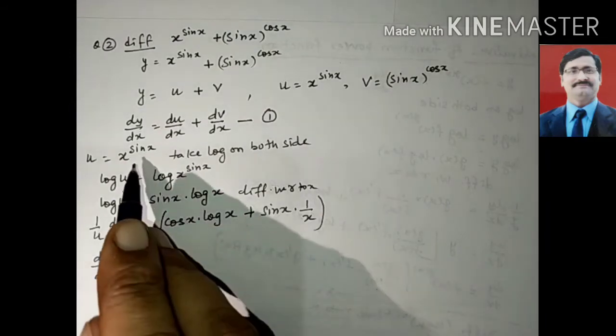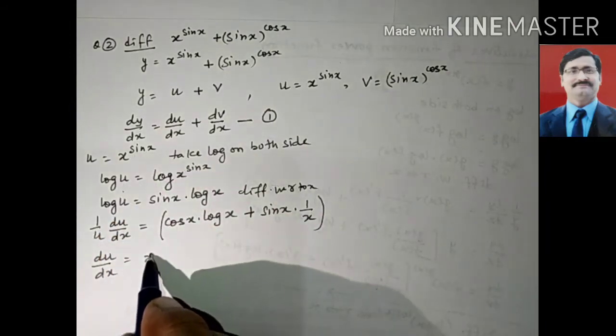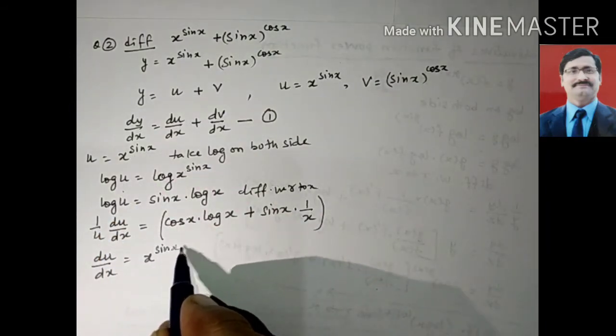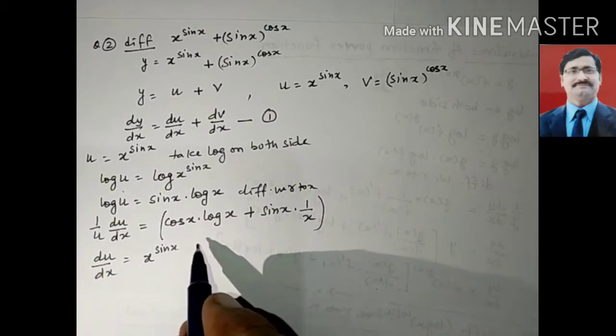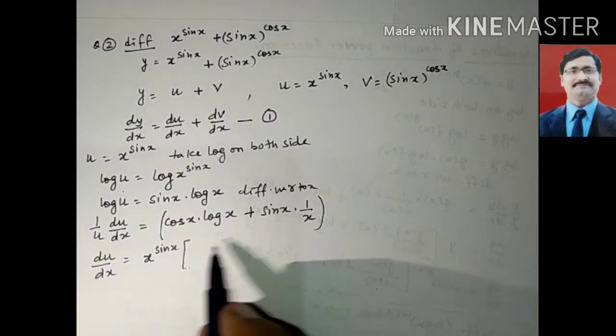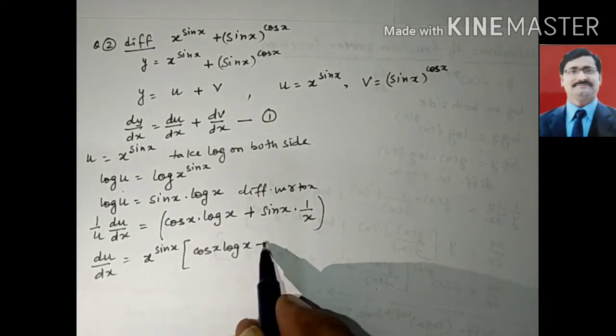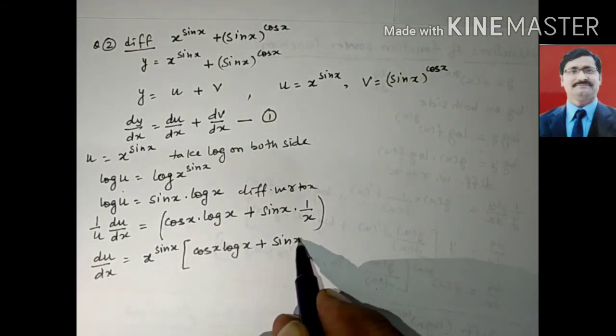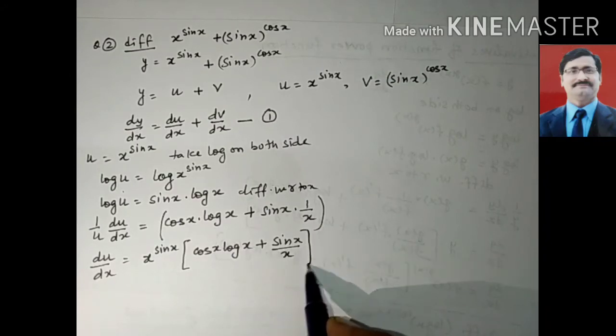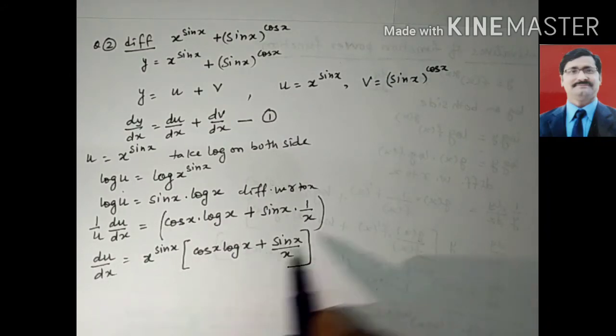What is the value of u? u value is x power sin x. So x power sin x, bracket, you write in a proper order: cos x log x plus sin x upon x. This is the du by dx.